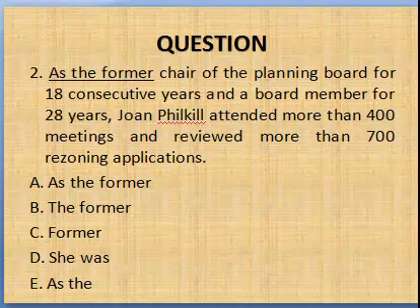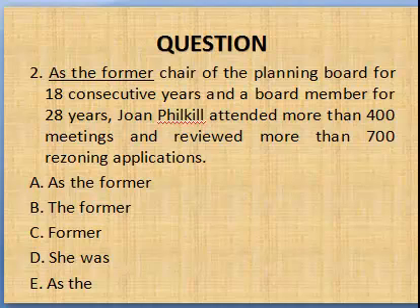So the problem is that we have to find out whether he is the chair or not. Of course we cannot make it "former chair of the planning". So it should be either as the former chair or as the chair. Those are the two things that we have to look into.